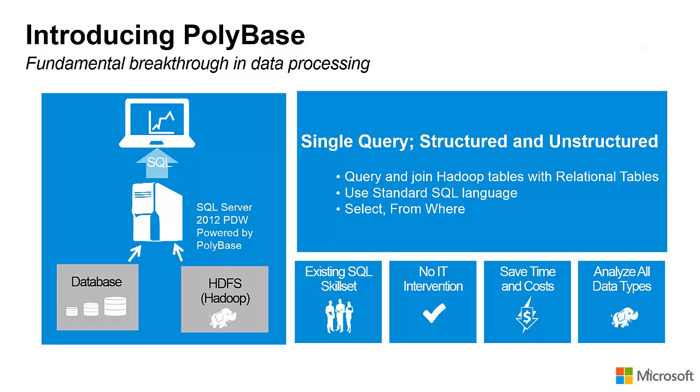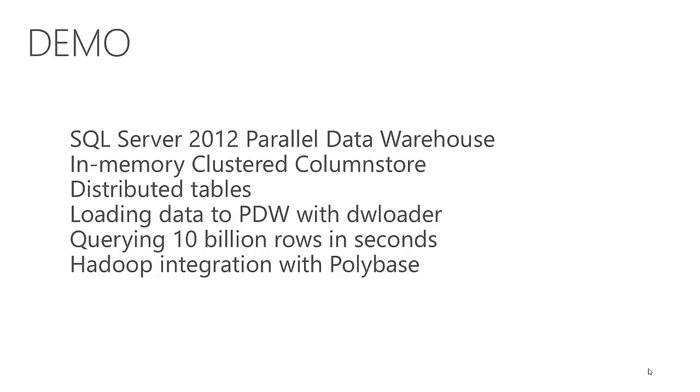Okay, I think I have been talking enough, so it's time to show you a demo. I will show you all these technologies in parallel data warehouse, like in-memory clustered column store or column store tables, and distributed tables. I will load data to PDW with DW Loader, which is a command line tool for directly loading data in your flat files, for instance, to the PDW appliance.